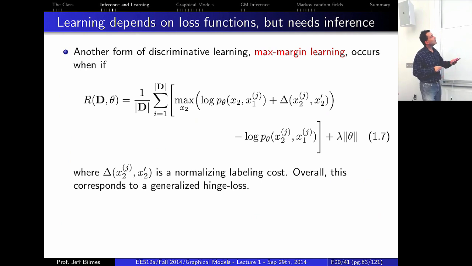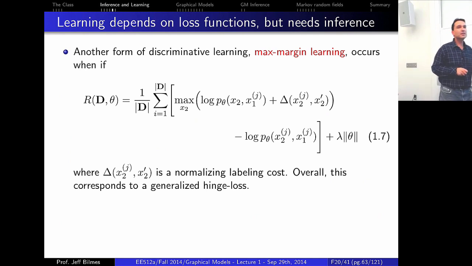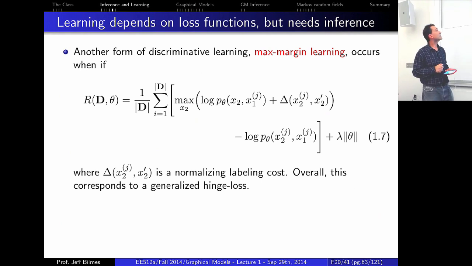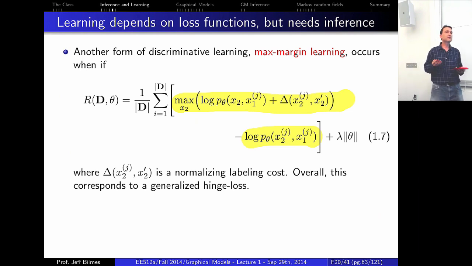A third form of learning is max margin learning. And here we have a very different but equally important risk function. The risk function is a sum over all of the data, looking at the difference between the maximum penalized alternative hypothesis and the true hypothesis. This is the margin, and in some sense we're trying to minimize it.